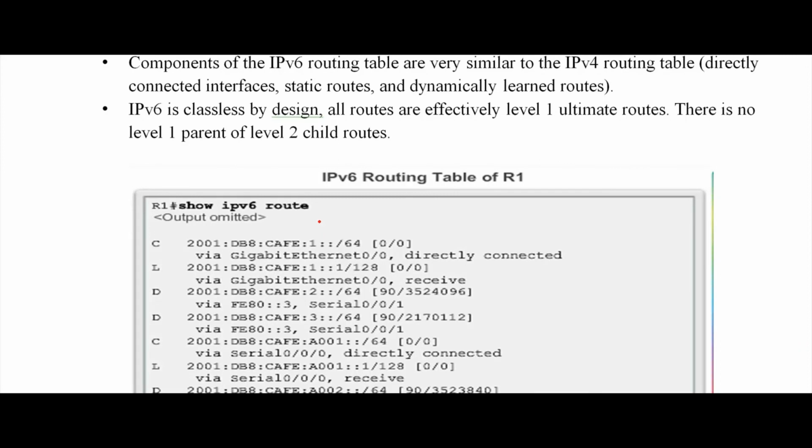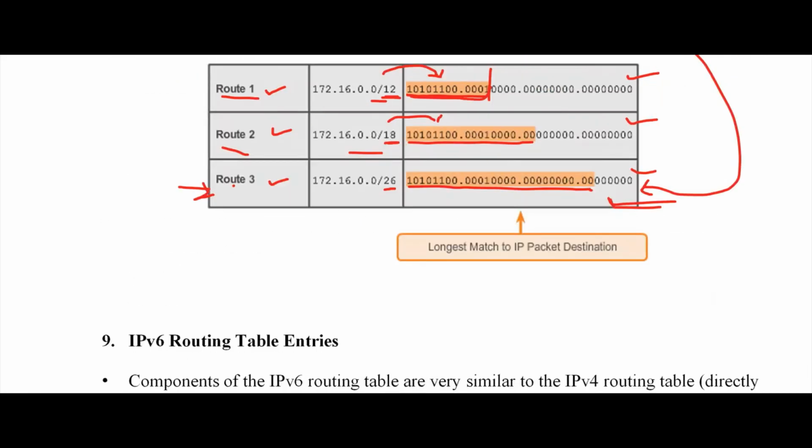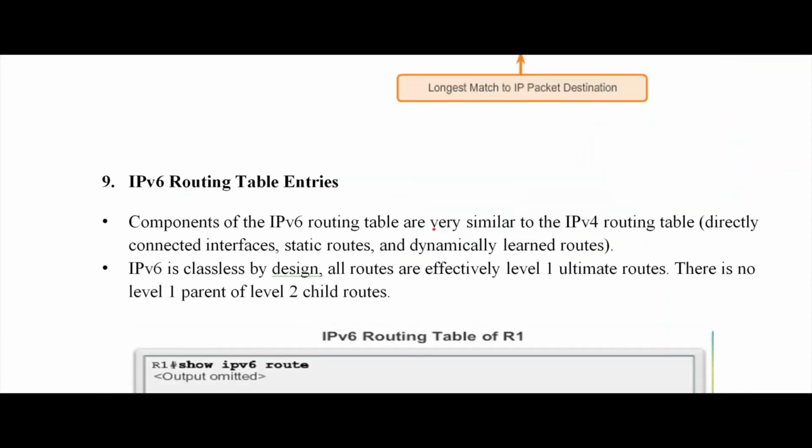Except the IP address. In IPv4 you will have an IPv4 address, but now we are going to have an IPv6 address. The entire concept is the same. Everything is going to be similar. The components of the IPv6 routing table are very similar to the IPv4 routing table.